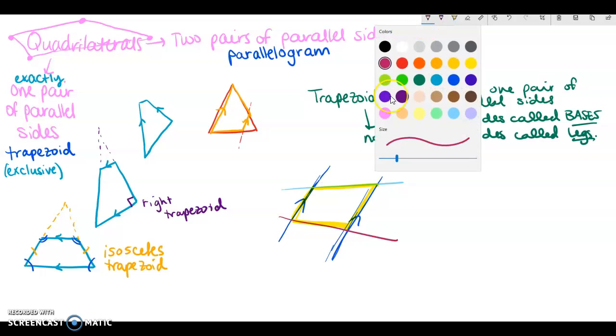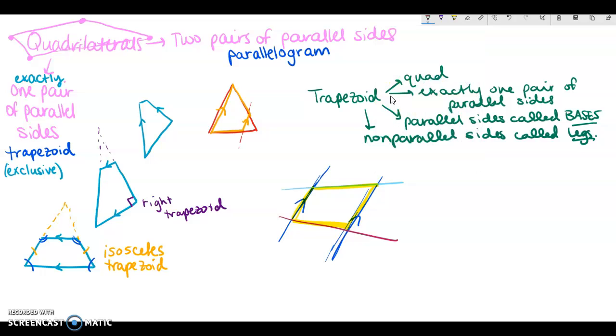All right, so there's a set of theorems that have specifically to do with isosceles trapezoids.